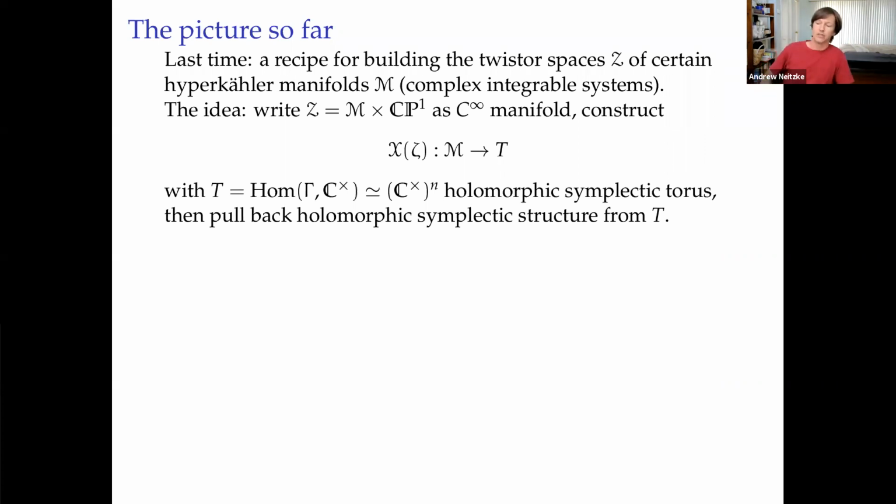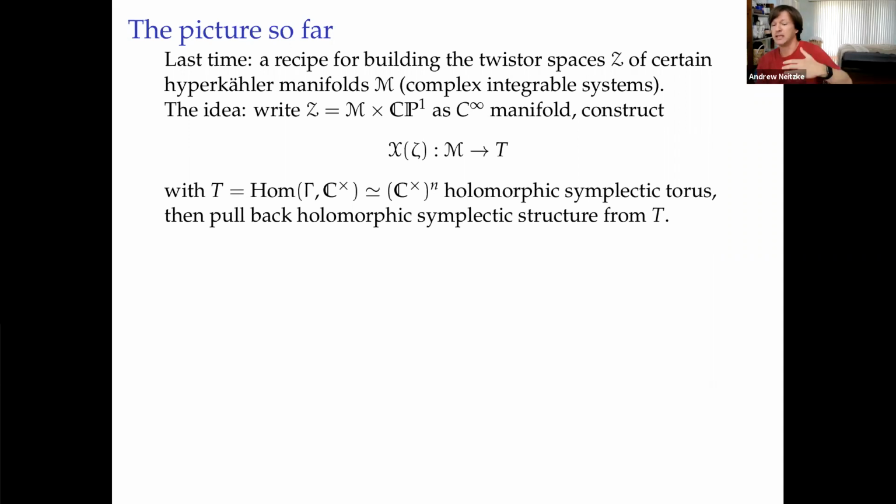Then we equip it with a fiber-wise holomorphic symplectic structure by locally identifying it with just a holomorphic symplectic torus, C star to the n. That torus came to us as the C star valued characters of this lattice gamma. So the idea was to construct a map from M to this C star to the n.